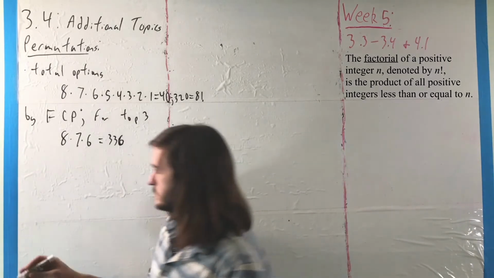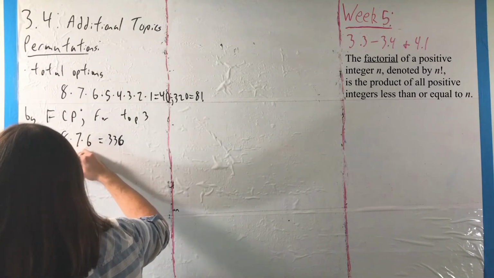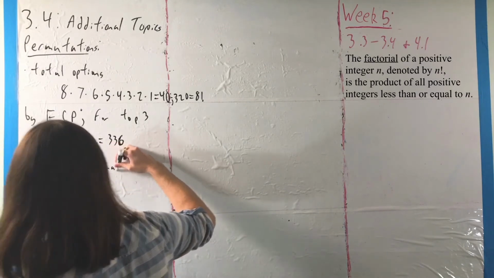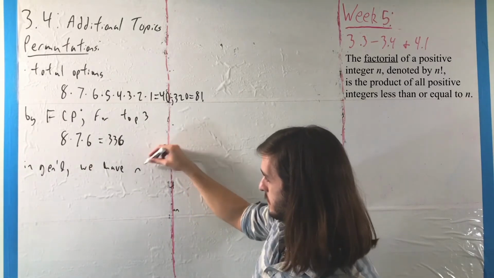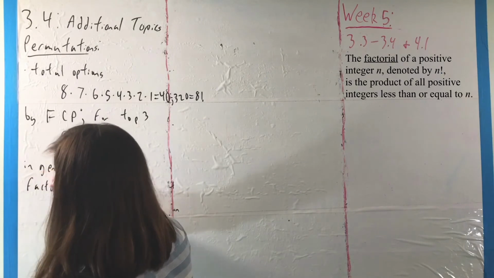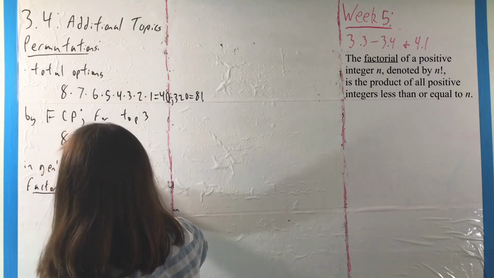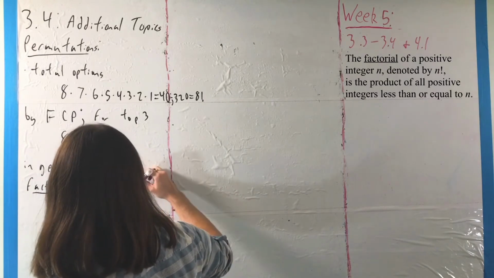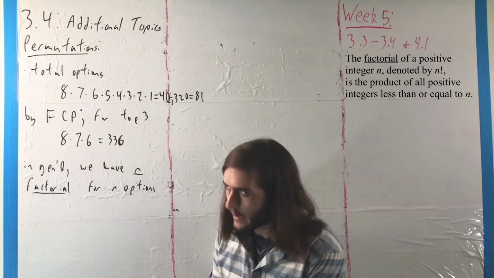And in general, we have what's called n factorial for n options. Where again, n factorial doesn't mean n is very happy.